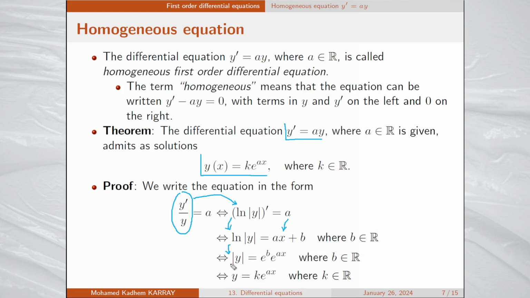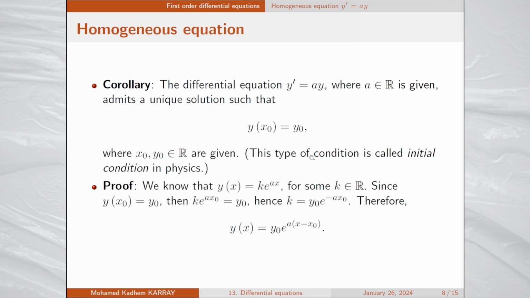Finally, we get rid of the absolute value here, and we write y as a constant k with an arbitrary sign, so it is an arbitrary real number, not necessarily positive, because we have gotten rid of the absolute value. So y equals a constant k multiplied by exponential ax, which is precisely the stated expression of y.